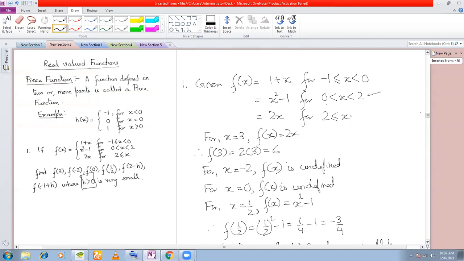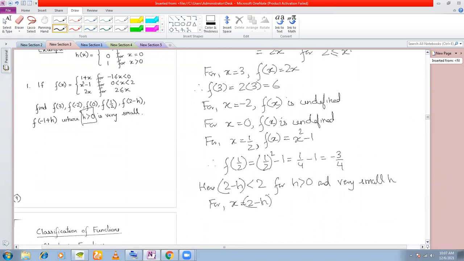If you see this function here, 2 minus h is just less than 2. That means we are going to use this value, right? x is between 0 and 2 because 2 minus h is less than 2. So f(x) is equal to x square minus 1. So therefore, what is the value of f(2 minus h)? Replace x by 2 minus h, right? Now you can expand.